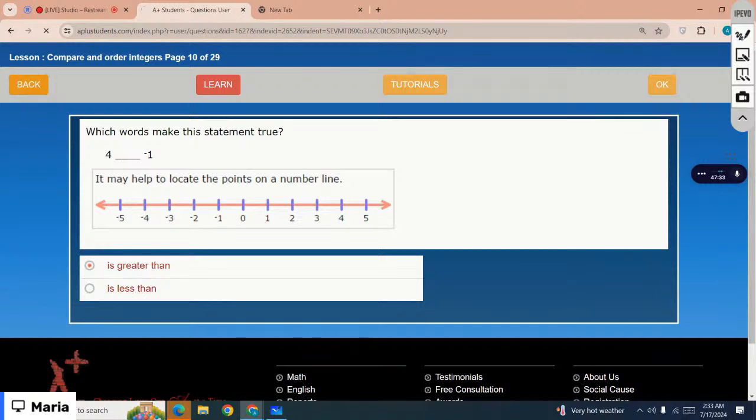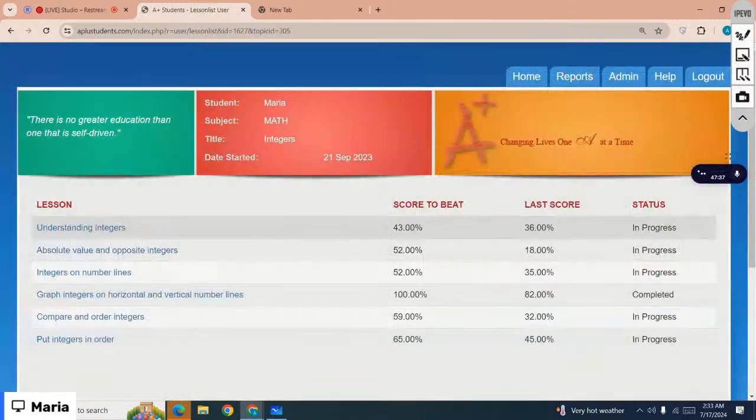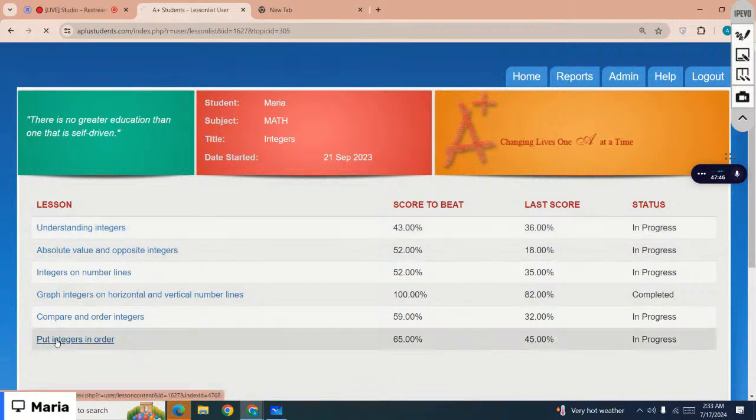Let me just move on to the next lesson. The next lesson is put integers in order. Let's just start with the next lesson.